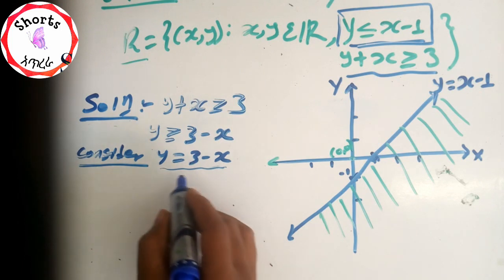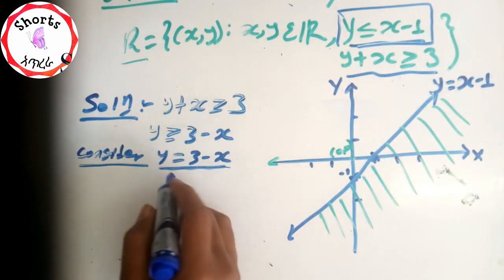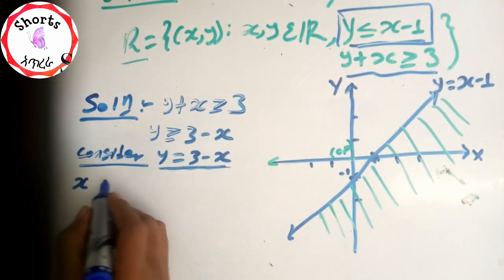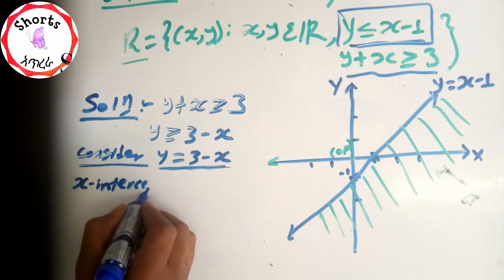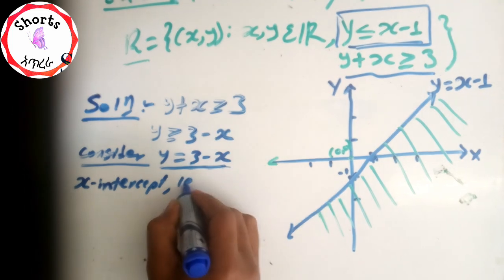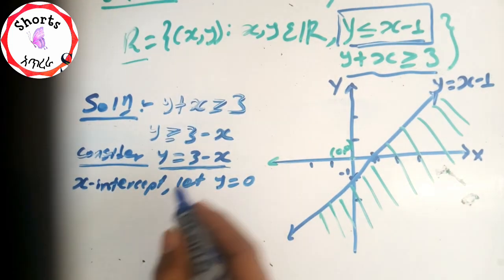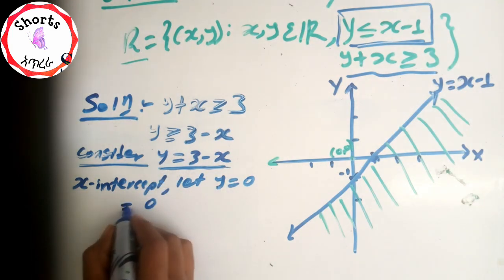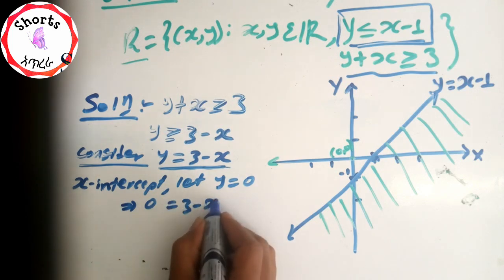Therefore, again to sketch the graph of a linear function, first we have to find the x-intercept and y-intercept. So let us find the x-intercept. To find the x-intercept we let y is equal to 0. This implies 0 is equal to 3 minus x.